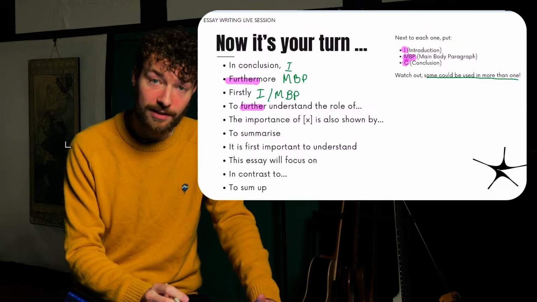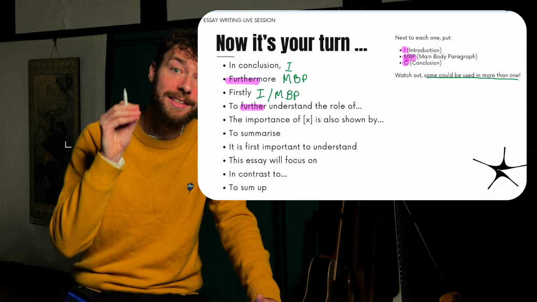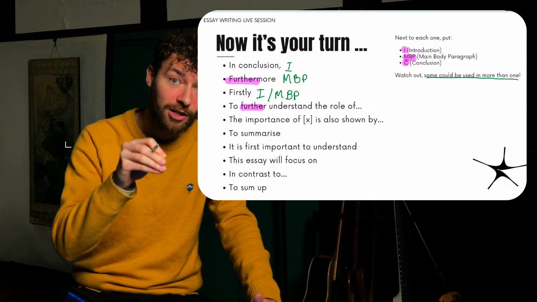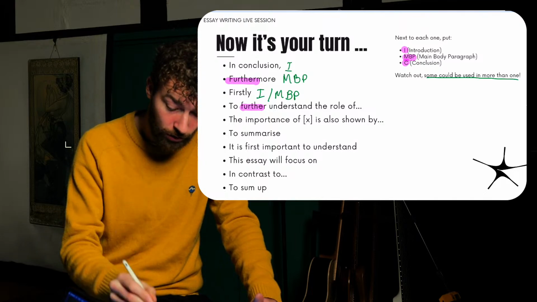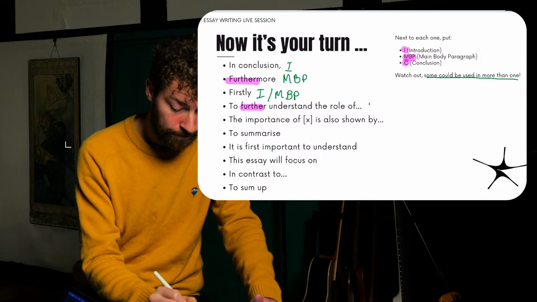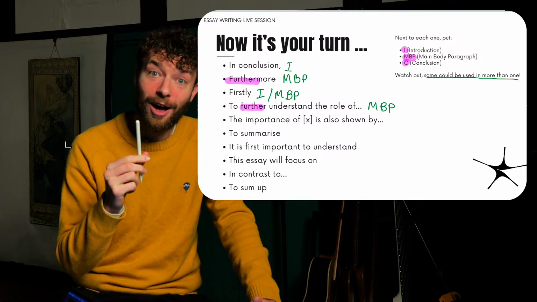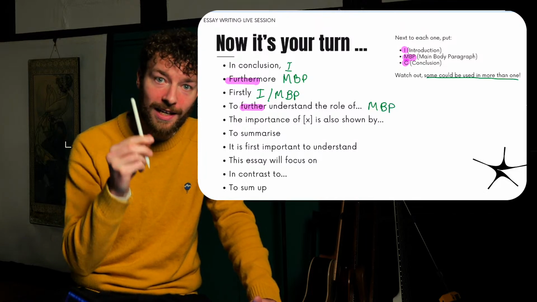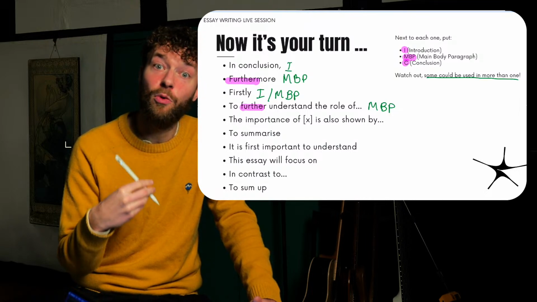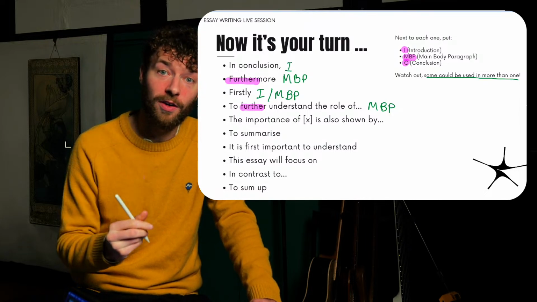Those two things are linked. Both of them are about going deeper into the argument. So that one is also going to be an MBP. But that's something I want you to keep doing. Look for links, look for patterns, because they're going to really help you as you go on.